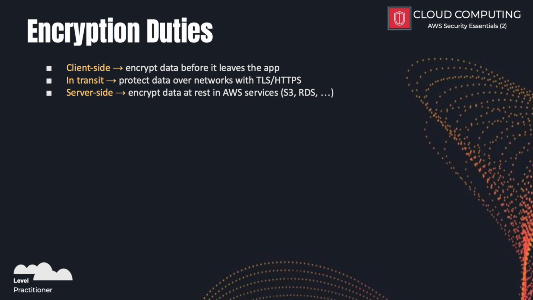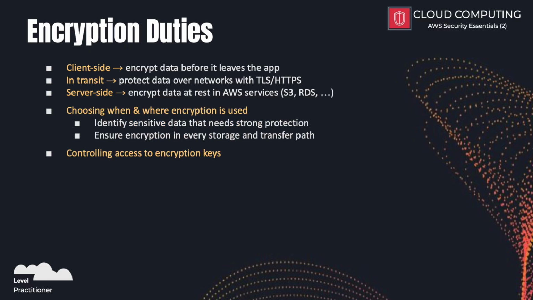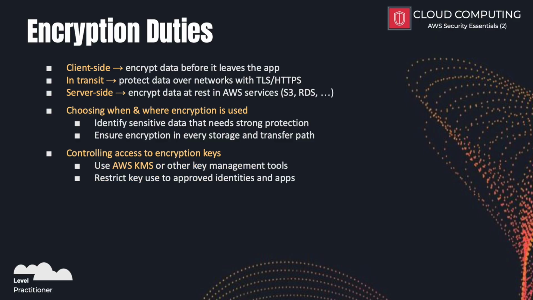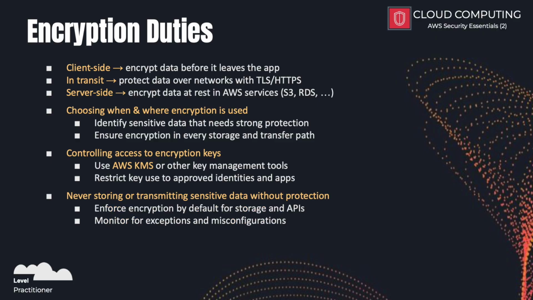And server-side encryption, which means making sure the data is encrypted at rest by AWS services such as S3, RDS, and so on. Across all of this, you're responsible for choosing when and where encryption is used, controlling access to encryption keys, often with AWS KMS, and ensuring sensitive data is never stored or transmitted without protection.